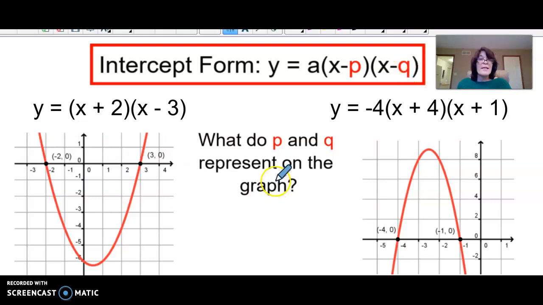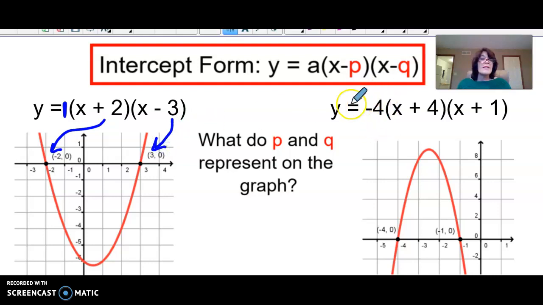And what happens is, for example, I'm bringing back up the ones we just did. In this one, I was opening up. A is still a +1. And look, it's still the same thickness as our parent graph y equals x squared. It's opening up. Our intercepts were at -2 and 3.